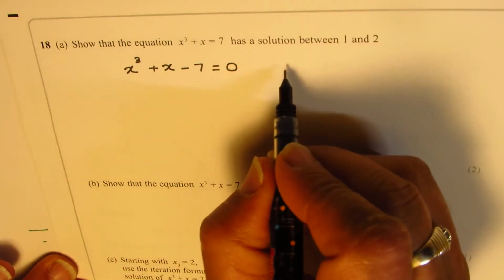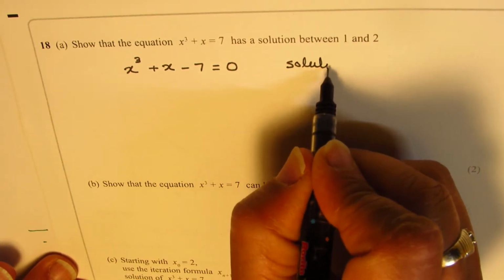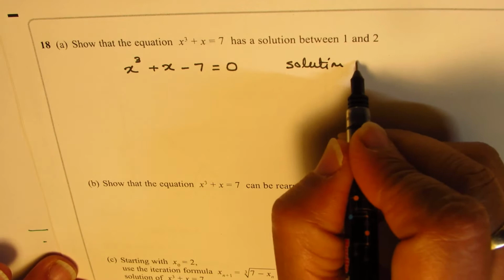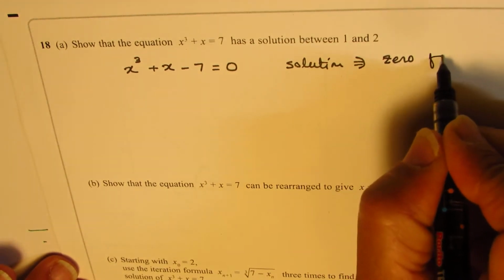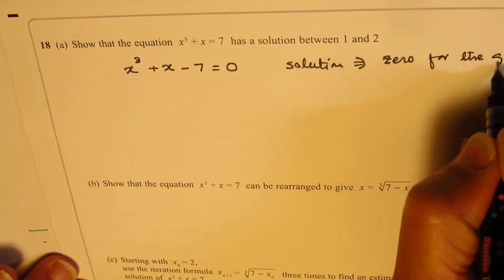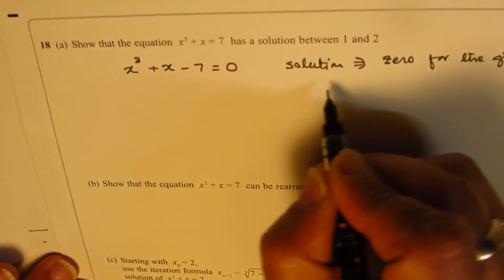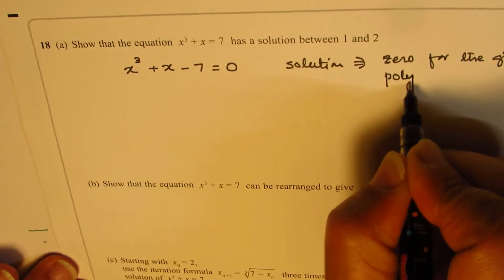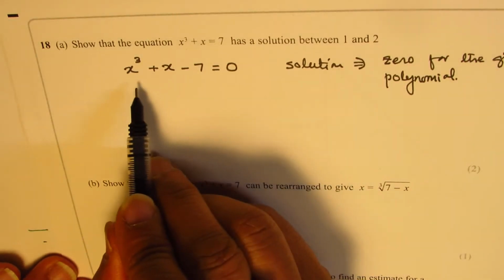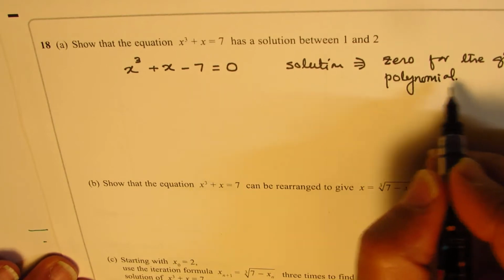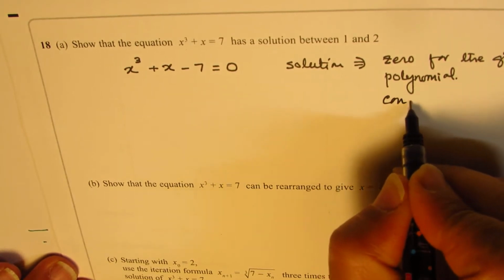Solution means we have a 0 for the given polynomial, right? Now this polynomial is a continuous graph, right?